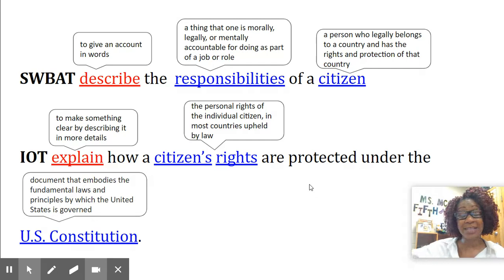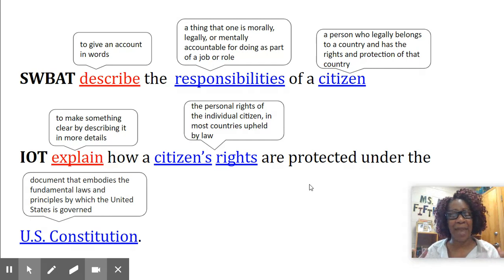The U.S. Constitution is a document that embodies the fundamental laws and principles by which the United States is governed. So a document is like a paper or something. It can be electronic, it can be actual paper that something is written on, but it's a document, and written on it are the fundamental or basic laws that the United States has and is governed by.